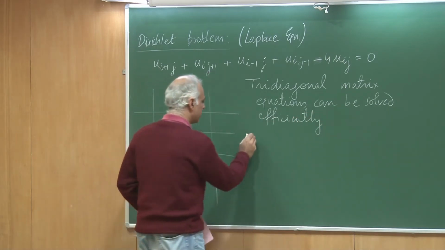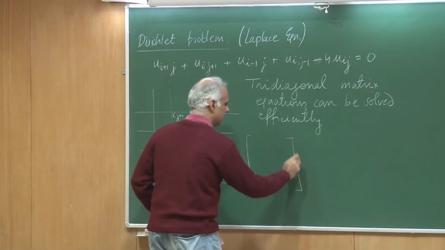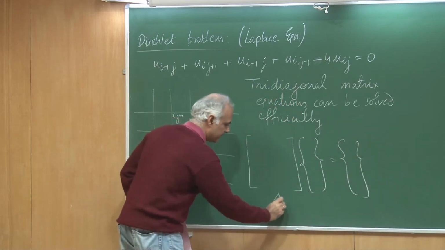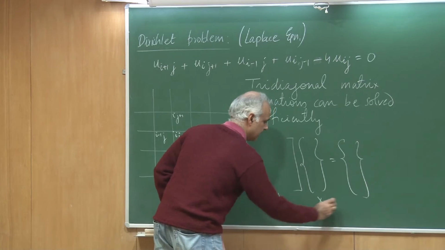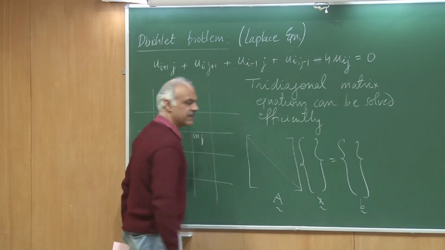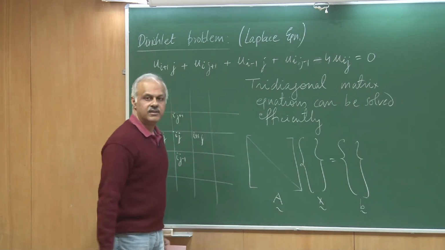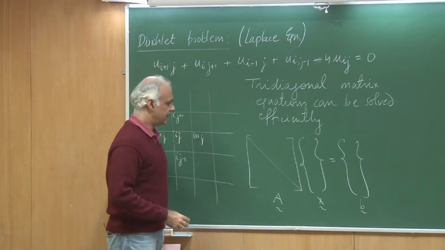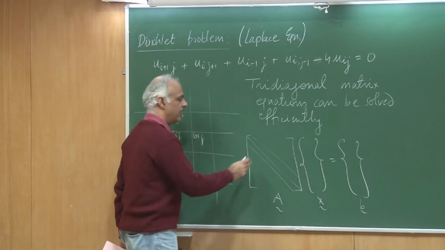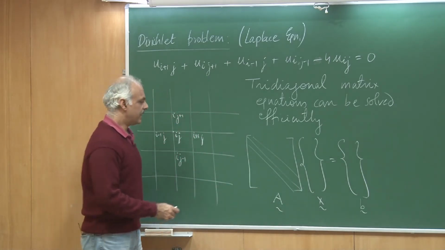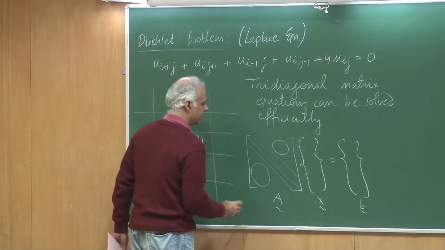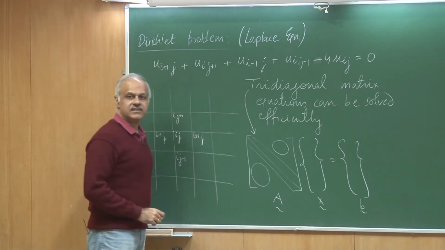Those of you who are not familiar with what a tridiagonal system is: suppose I have this matrix A, this is my vector x and this is my vector b. If I have entries only along the diagonal and all others are 0, that's of course a diagonal matrix. If the diagonal is non-zero and exactly one entry above the diagonal and exactly one entry below the diagonal are non-zero, but all others are 0, then this is a tridiagonal system.